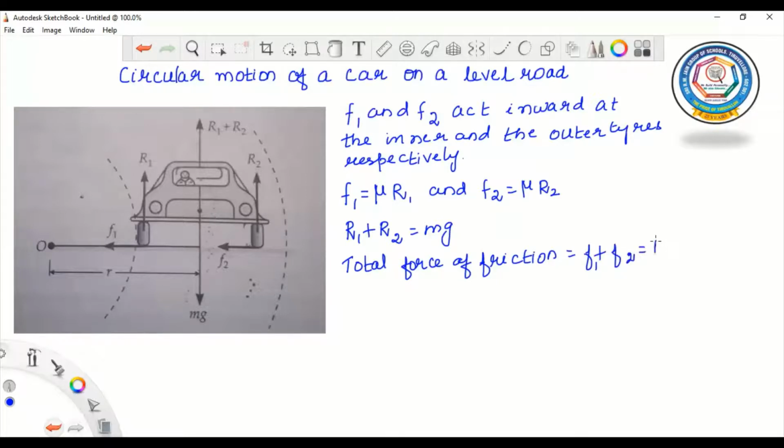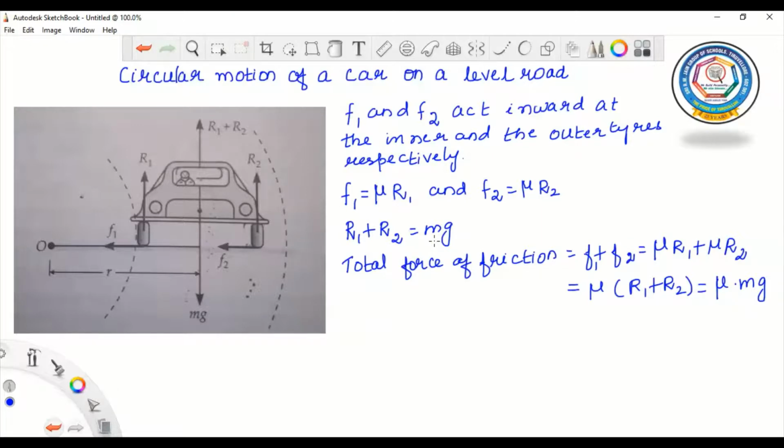That is mu R1 plus mu R2, which is equal to mu into R1 plus R2, or else we can write mu into mg, because already we know that this R1 plus R2 balances the whole weight of the car.